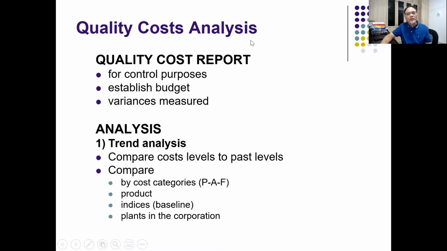So to do quality cost analysis, you have to have a quality cost report. I showed you just now the simple form for control purposes, to establish budget and to look at variances. You can do trend analysis. You can compare cost levels to past levels by cost categories, by product, by indices, or by plants in the corporation. Different plants have different levels of cost.